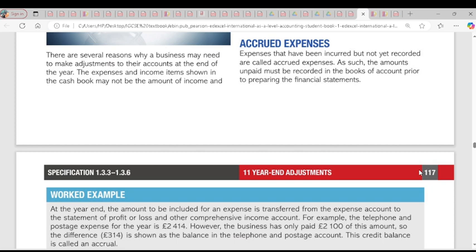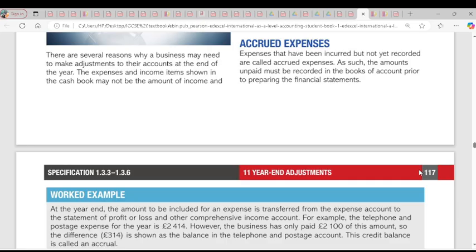It's going to be in your statement of financial position as current liabilities. There's a difference between trade payables and other payables. Other payables are the expenses that you have incurred but you have not paid for. So it's going to be under the current liabilities as other payables.